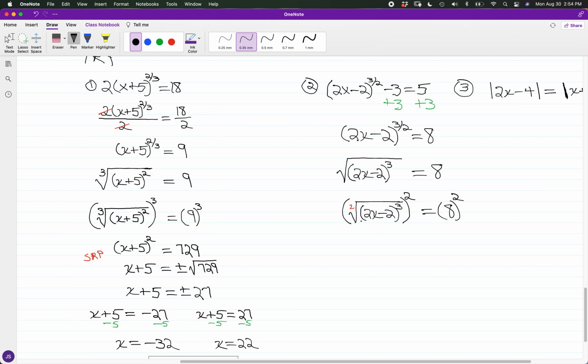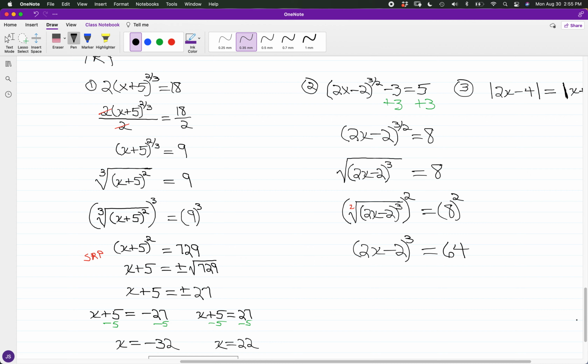So squaring both sides, what was inside the radical, we have 2x minus 2 quantity to the 3rd power. And to the right, we have 8 squared, which is going to be 64.